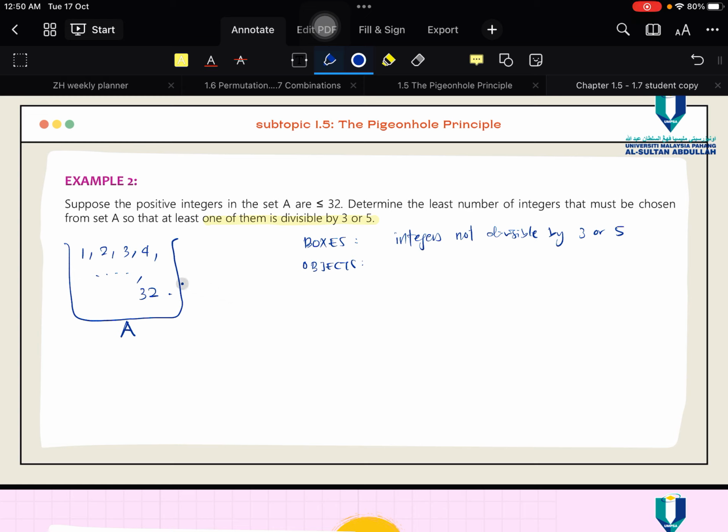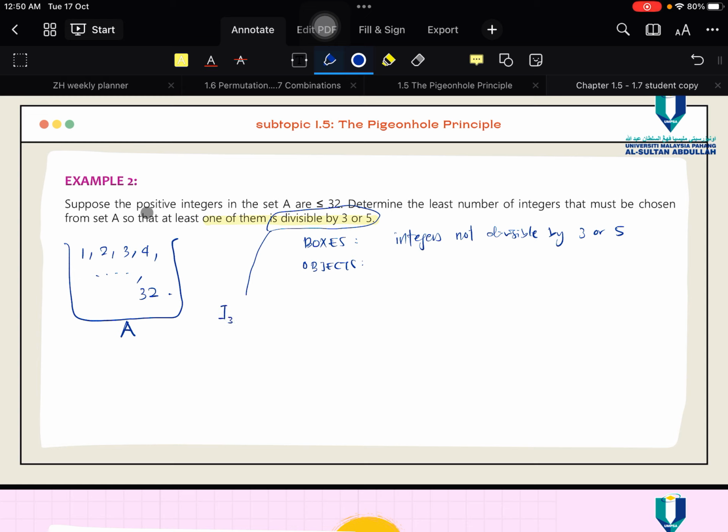So daripada nombor 1 hingga 32, you all listkan lah berapa nombor yang tak boleh dibahagi dengan 3 ataupun tak boleh dibahagi dengan 5. So macam mana nak buat? Mungkin you boleh listkan saja, ataupun saya akan kira dulu berapa integer yang divisible by 3 or 5 ni.